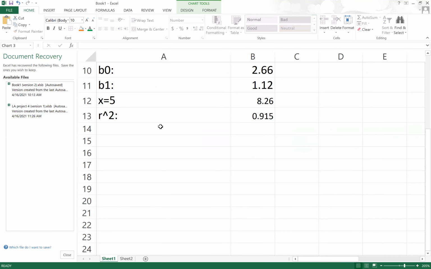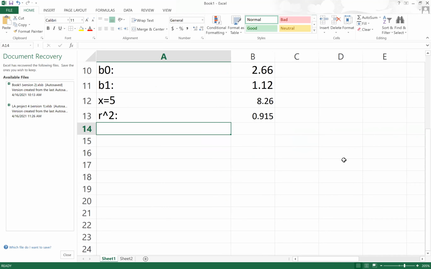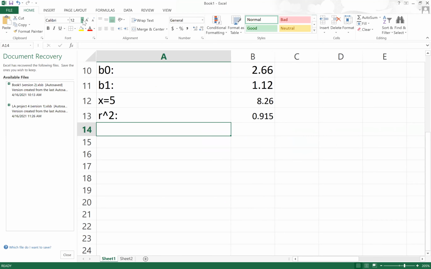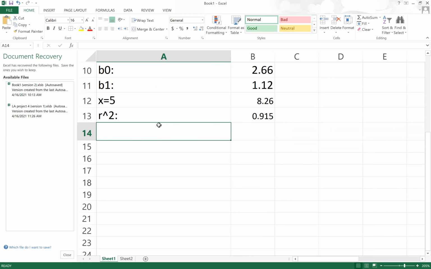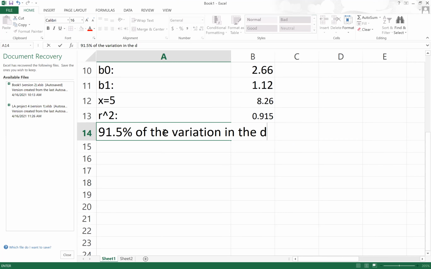Now, let me just quickly interpret this R-square. Right? So this case is saying that we have 91.5% of the variation in the independent variable. No, in the dependent variable, right?